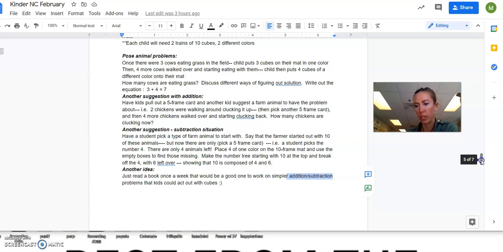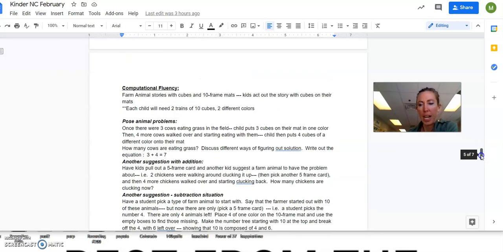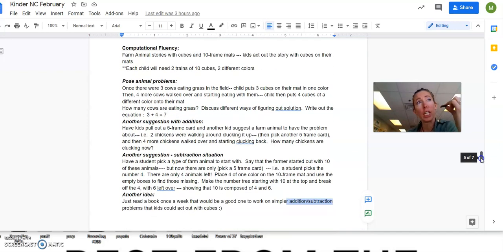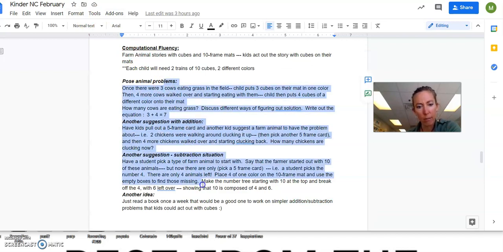Like, do you have some books that have little addition and subtraction problems in them? Or you can just pose your own farm animal story problems with these ideas here, okay?